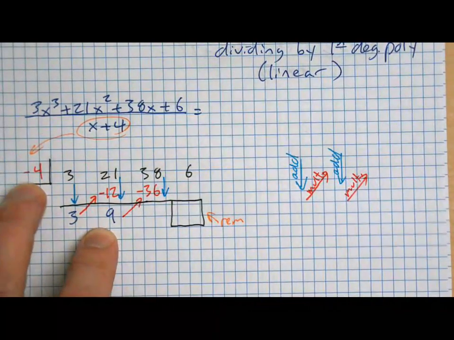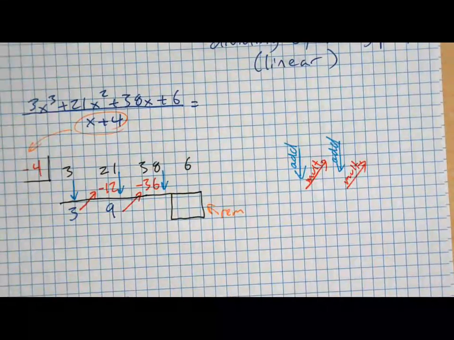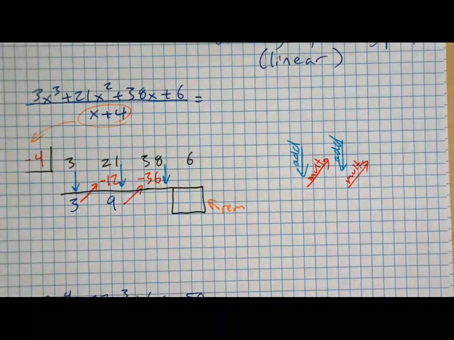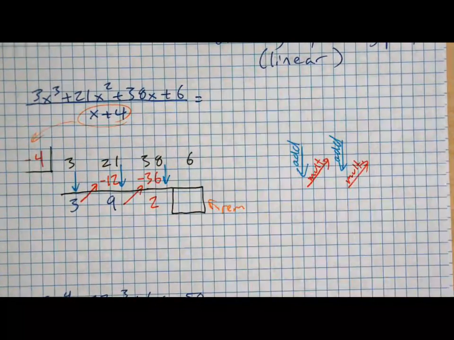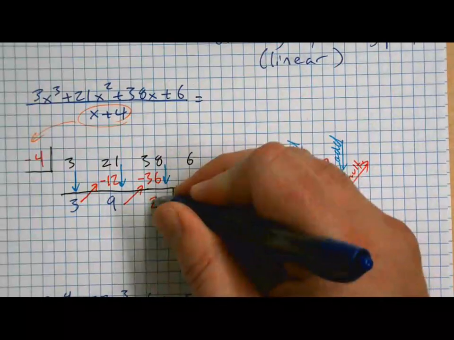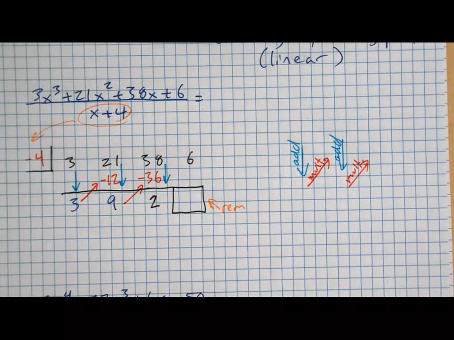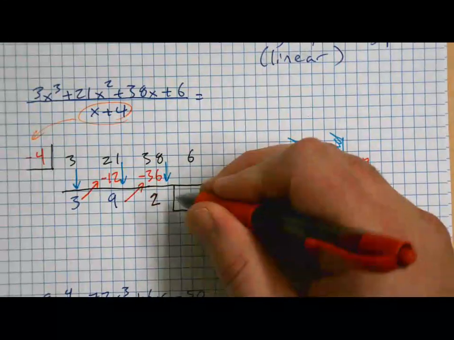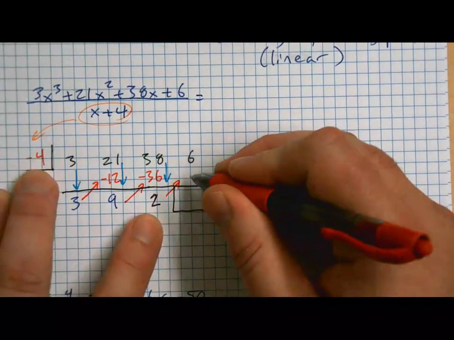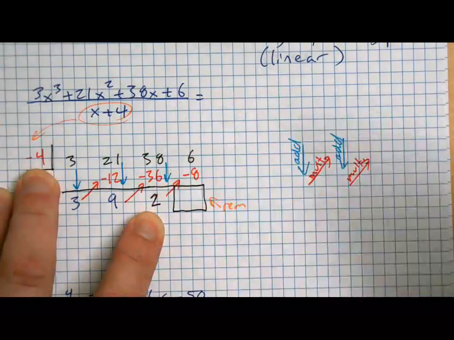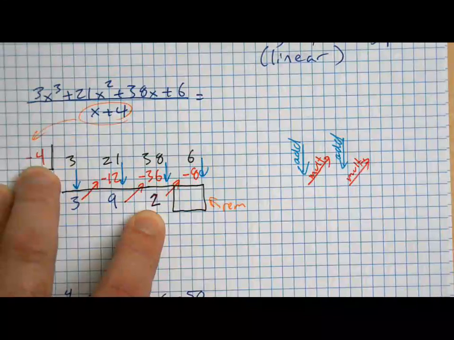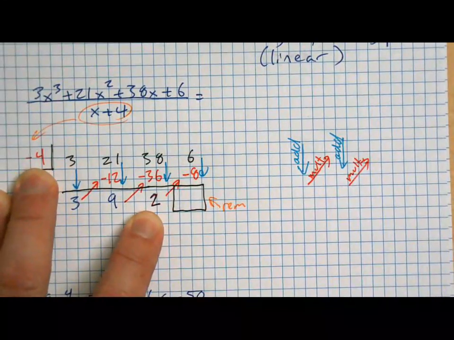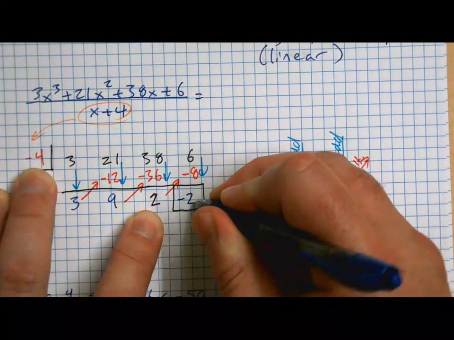Add going down. 38 plus negative 36 gets us 2. Multiply going up diagonally. 2 times negative 4 gets us negative 8. And adding one more time to get our remainder of negative 2.